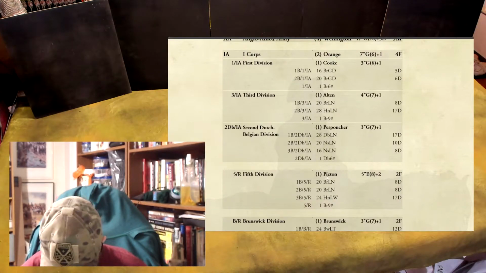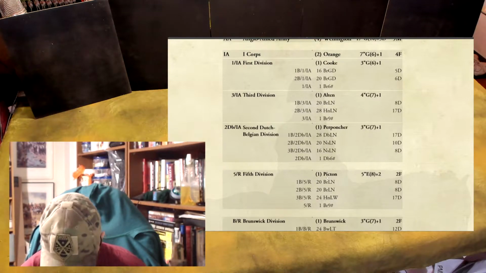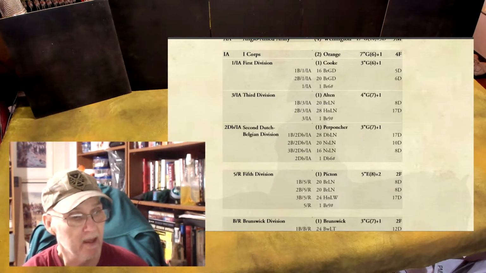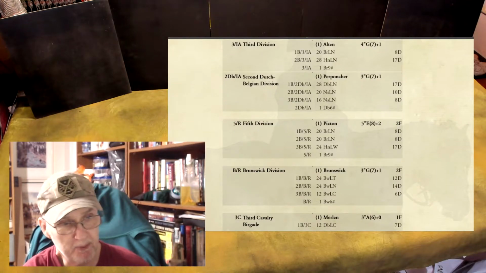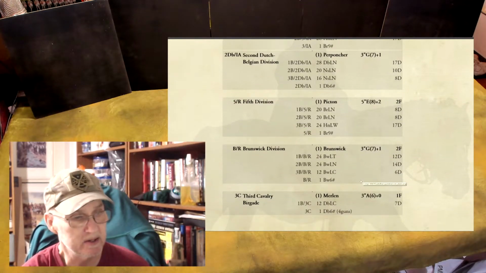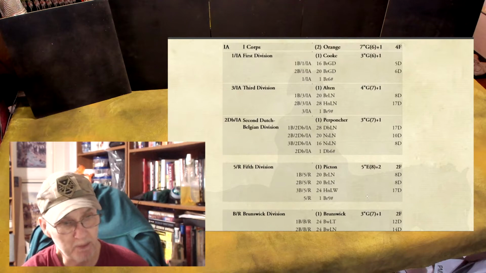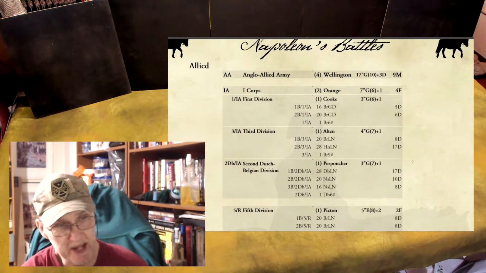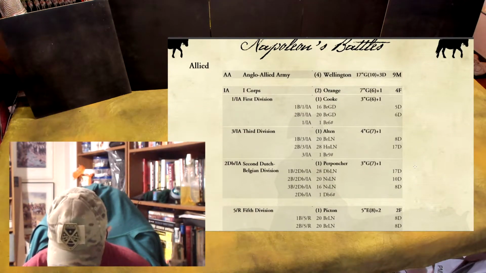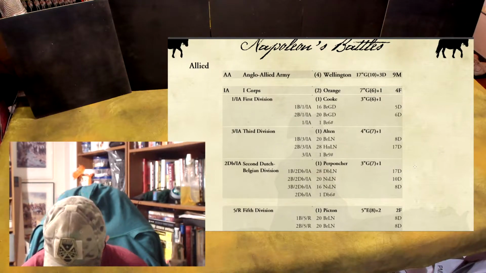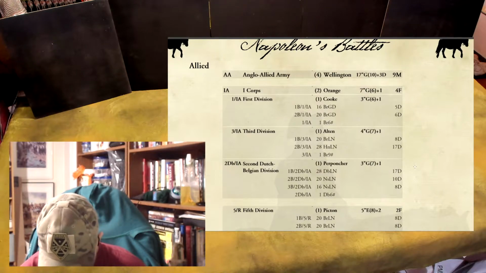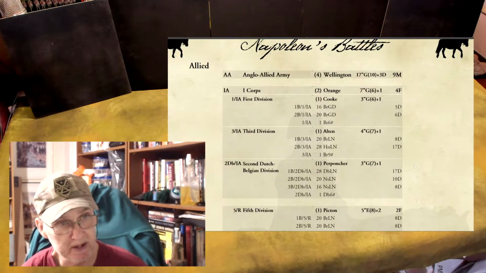But we're going to just give him a 5-inch because I think that's pretty outstanding. Now, see, Brunswick Division, 3-inch. Merlin, 3-inch. So pretty much what they're saying is 3-inch is the normal division, with some exceptional characters that might have a bigger range.